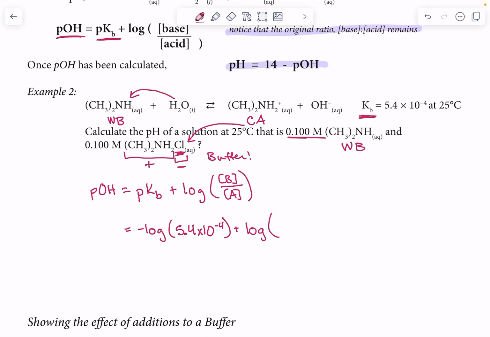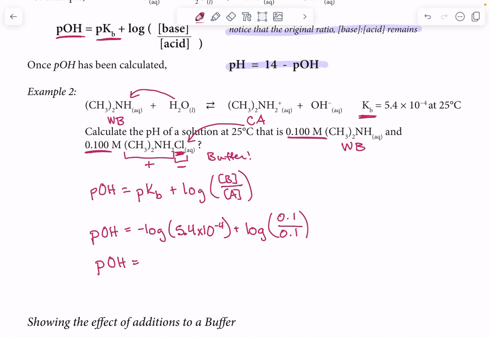Now, my concentration of weak base is 0.1. My concentration of weak acid, or the conjugate acid salt, is 0.1. So I plug those two things in. The logarithm of 1 is 0, so that means my pOH is equal to my pKb. That works out kind of nicely.